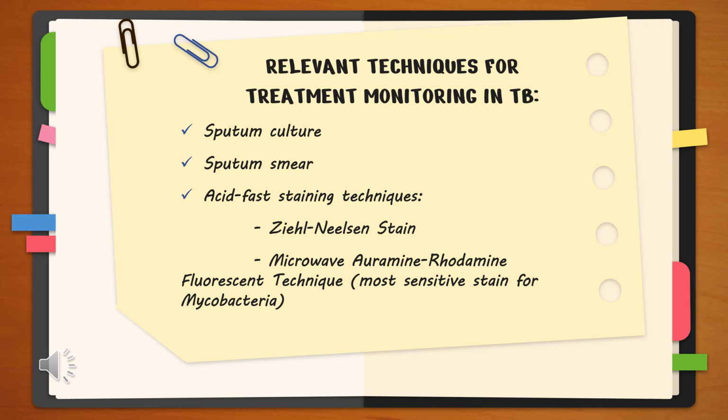Acid-fast staining methods use a technique where the mycobacteria retain a primary stain after exposure to decolorizing acid alcohol. Two common methods used for staining mycobacteria are the Ziehl-Neelsen staining and the auramine-rhodamine fluorescent technique. Between the two, the more rapid and most sensitive method for mycobacteria is the auramine-rhodamine stain, which requires a fluorescence microscope for viewing.